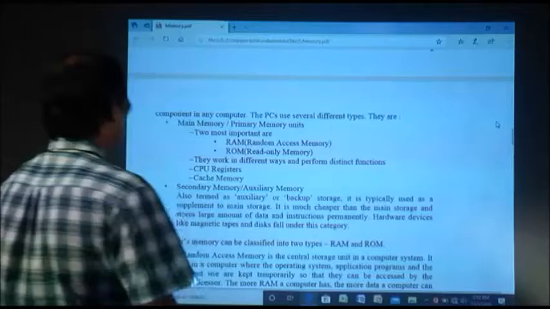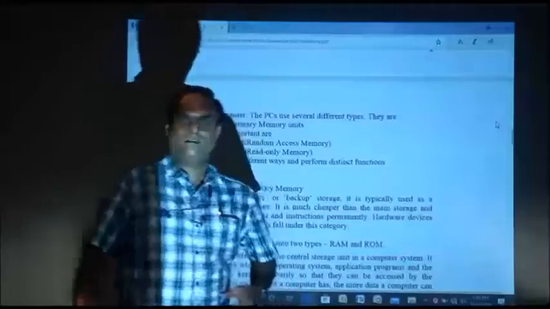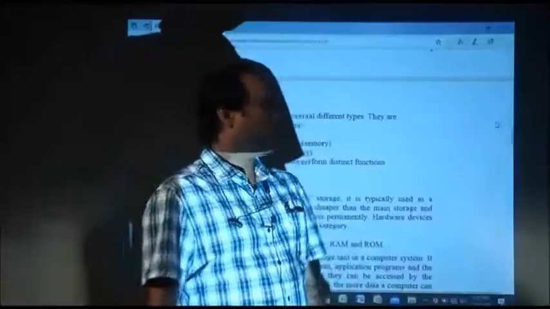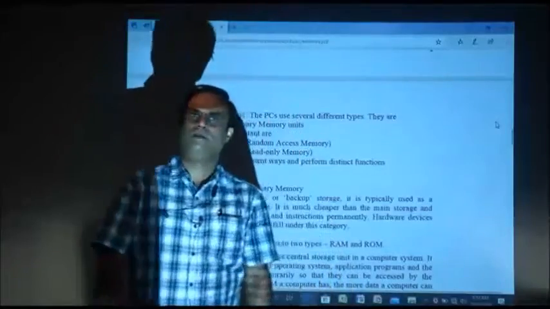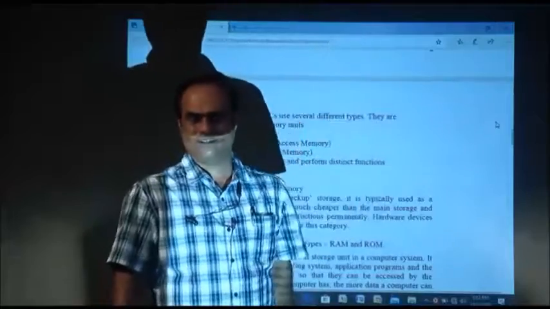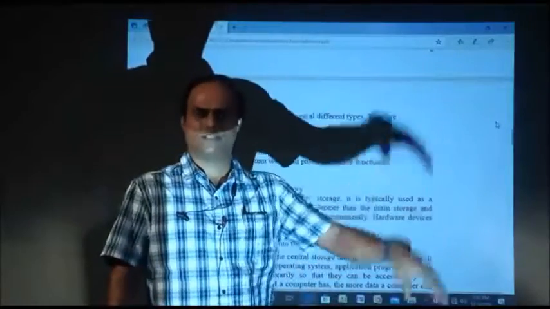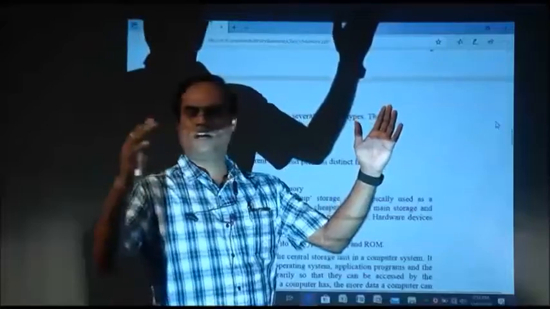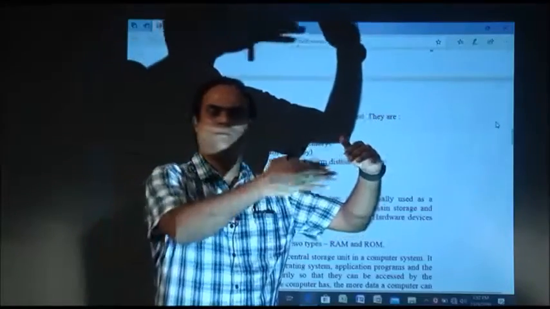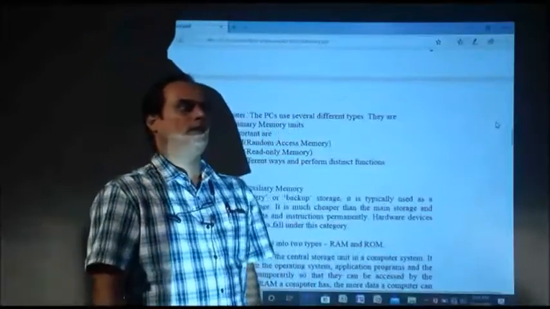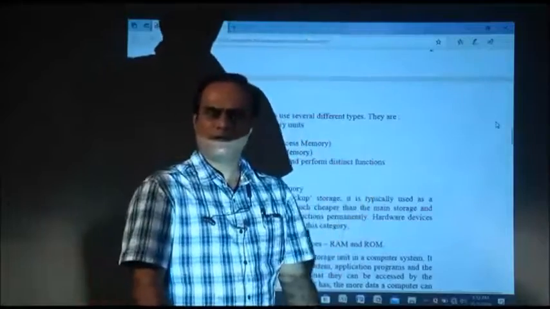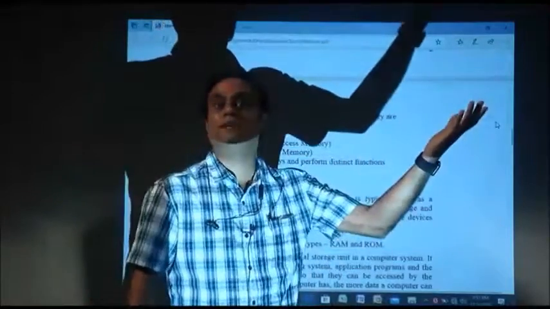Next we will discuss the classification of the memory, okay. Classification of the memory, because the computer has different segments, different stages of execution. From the input to output, the instructions and data go through different stages, yes or no. That is why we are classifying the memories, that means where exactly which memory is used.